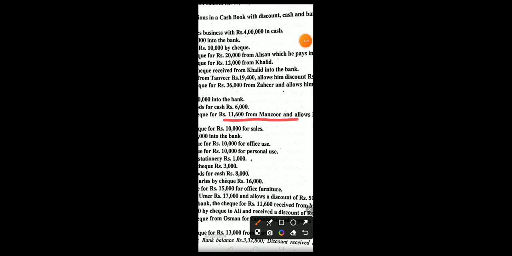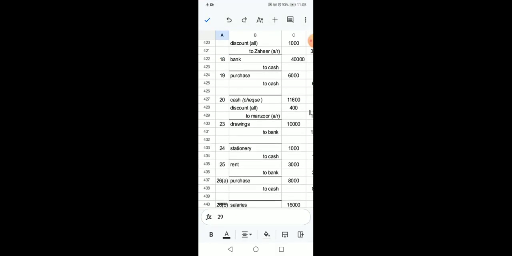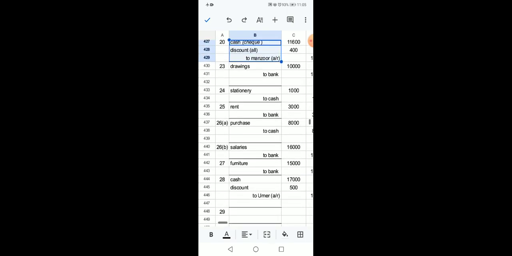You have already received the check from Manzoor, 11,600. The entry number is 20. Now, let me show what entry 20 we have done. This was the entry, and you can see that the check has already been mentioned and the person is the same, Manzoor. The check was received from Manzoor, and in the 29th entry the same check has been deposited.